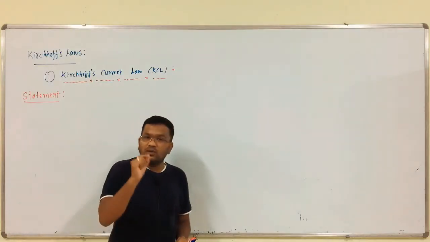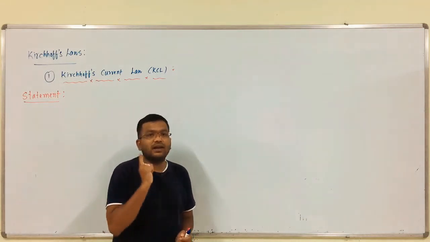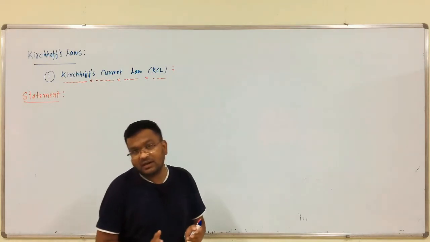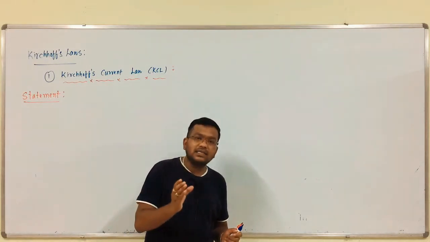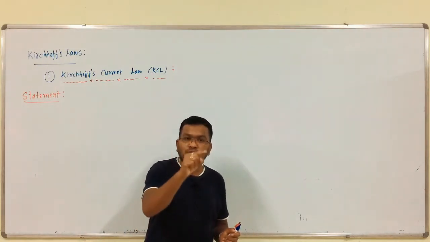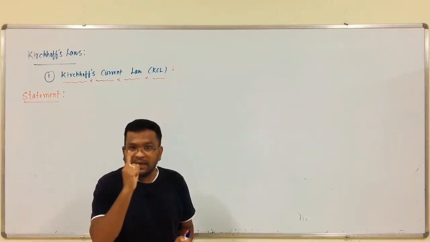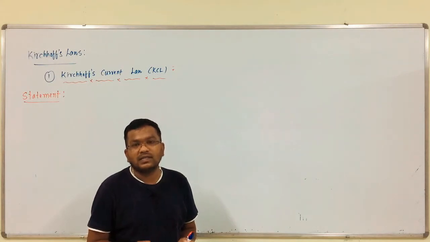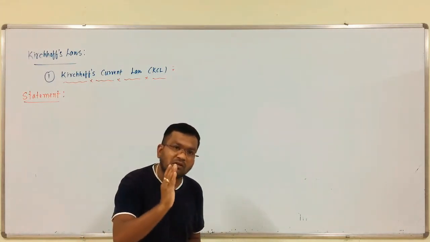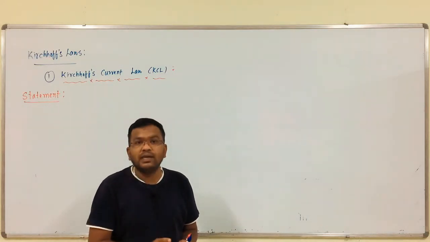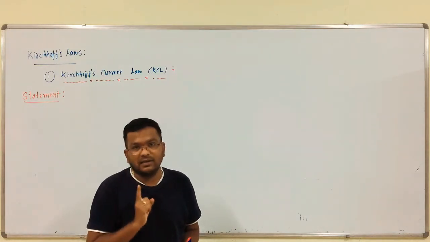Now, we have to state Kirchhoff current law. That is, in a lumped electric network, the algebraic sum of currents at a node is equal to 0, or at a particular node, the sum of entering currents should be equal to the sum of leaving currents, but the network should be a lumped network.